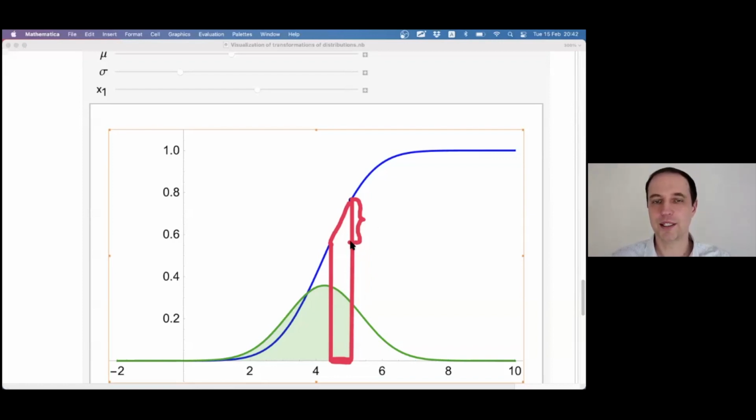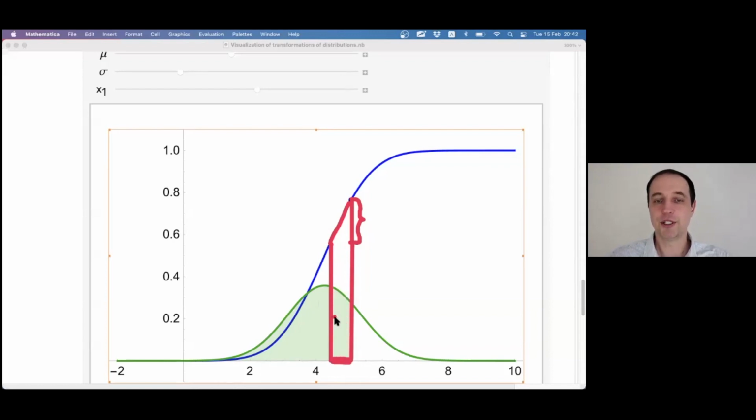One way is the change in the height of the CDF. The other way is the probability density function multiplied by the interval in here. So this height times this base. And that approximately is really the area under the curve.